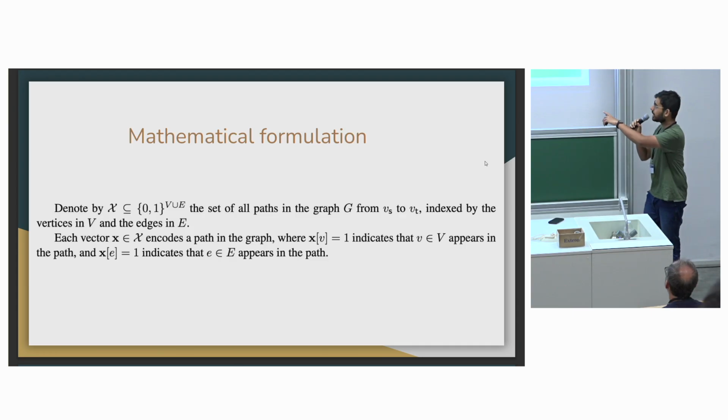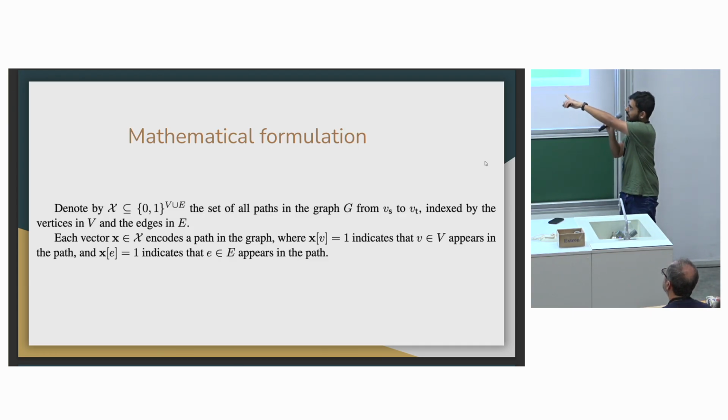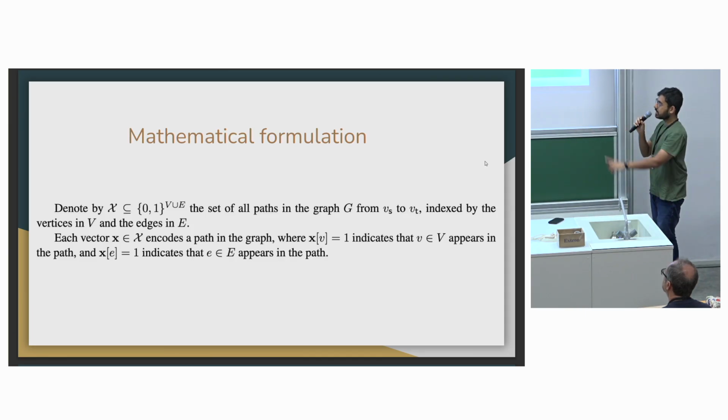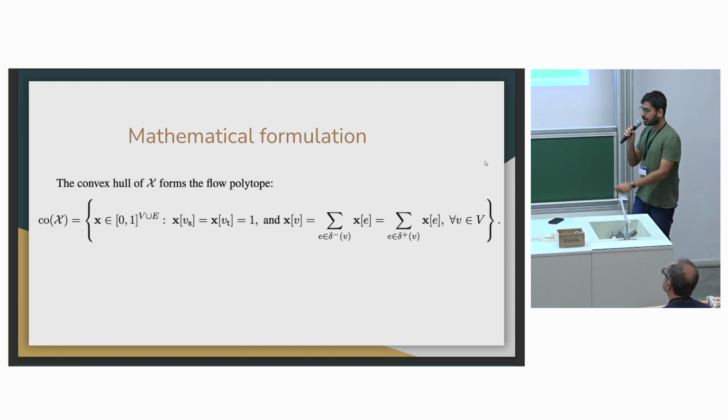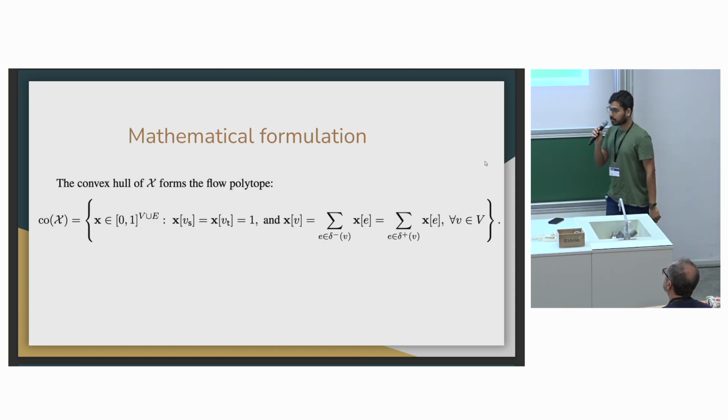Essentially, for any vector x, x of v is 1 if v is part of that path, and similarly, x of e is 1 if e is part of the path. It's well known that the convex hull of the set of all such paths forms a flow polytope, and efficient implementation is known over such paths from a pure optimization perspective.